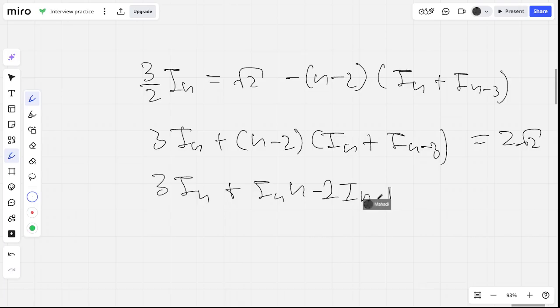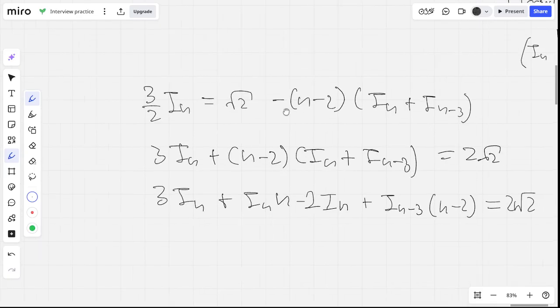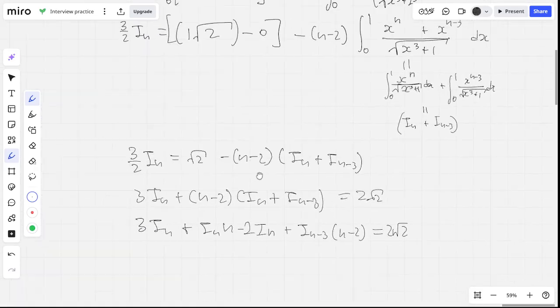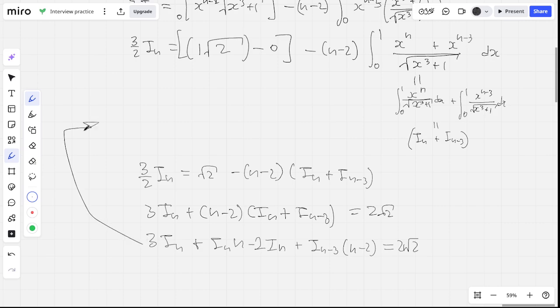And if I'm going to go up here, 3 minus 2, which is 1, so n plus 1.